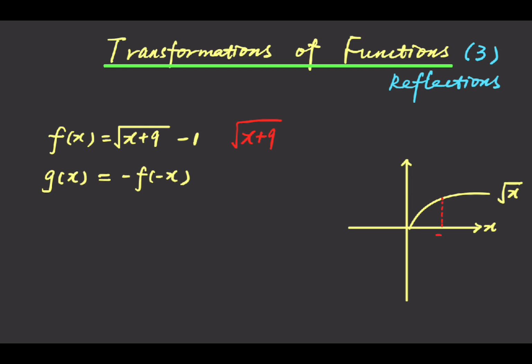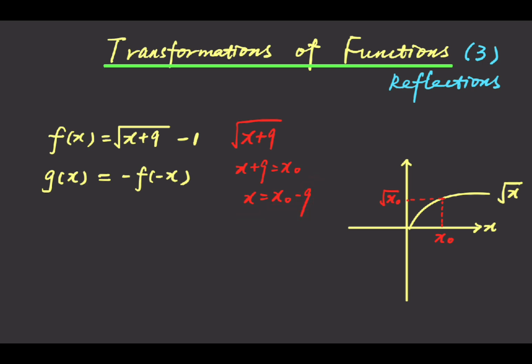Here we assume this is x0, so it should be square root of x0. Now we need to guarantee x plus 9 equal to x0, so x equals x0 minus 9. That is to say, x should be smaller than x0. The difference between them is 9.